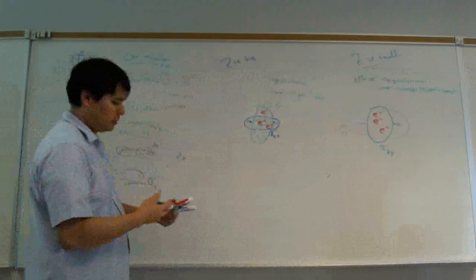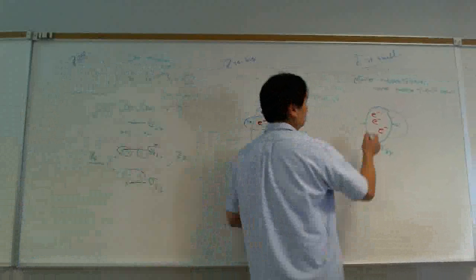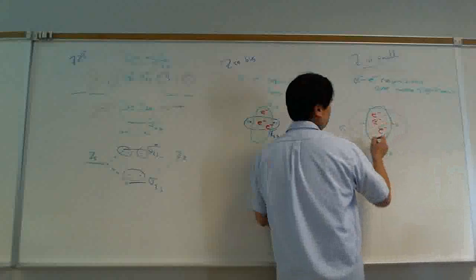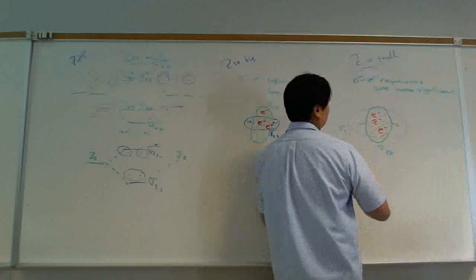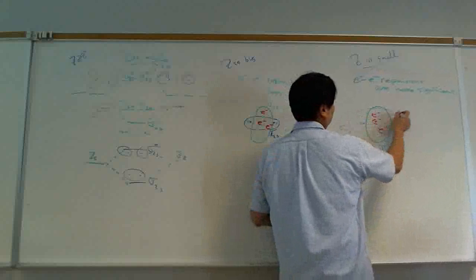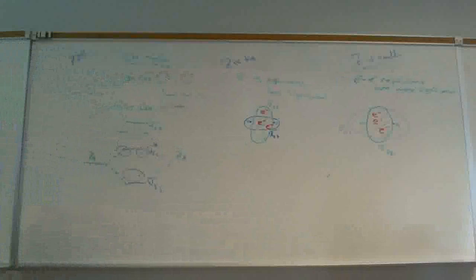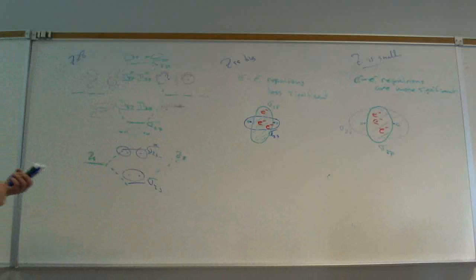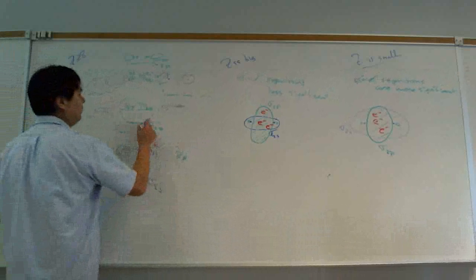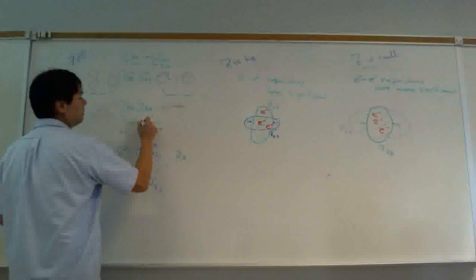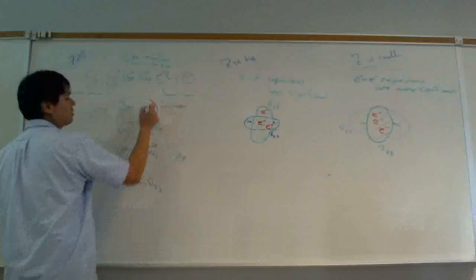That's because of the overlap in space here. So that means we end up with two diagrams. When Z is small, we get electron-electron repulsions.